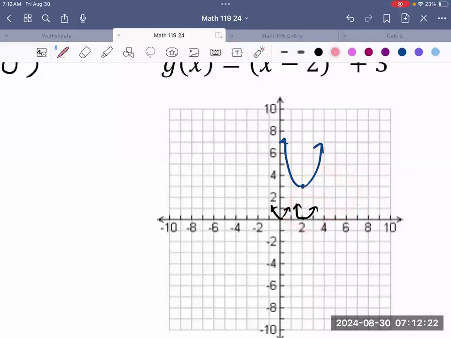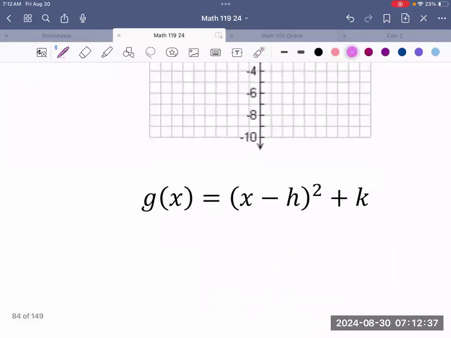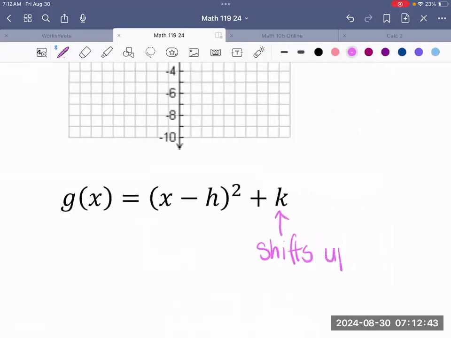Well, we already said, well, we've shifted it over 2, but now we're going to go up. Up by how many? Up by 3. So notice that that 3 here is going to be shifting your graph up. So this k value shifts the graph up and down. Up when k is positive, down when k is negative.